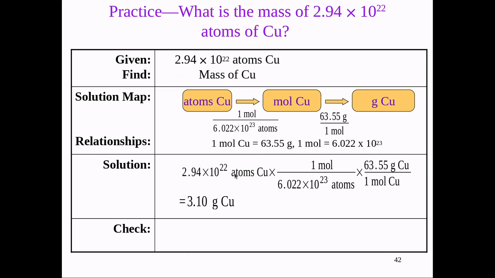When we put it all together here, we have the given amount. We have our atoms in the denominator, canceling those. And we have our moles in the numerator here, denominator here. Those are going to cancel. And we wind up with our grams in the end.